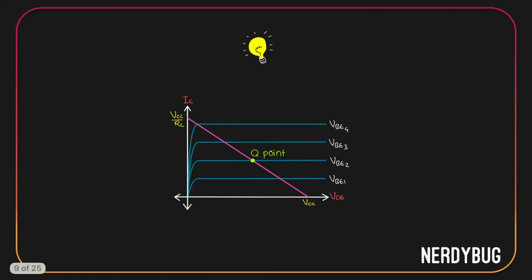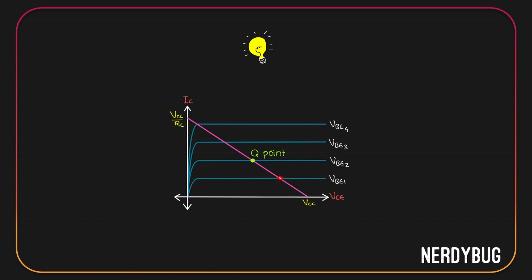Let's do something. Assume that I chose VBE2. That gave me this much of collector current. But for this much of collector current, I need to have this much of VCE, which means my Q point is over here. Now, what would happen if instead of VBE2, I chose VBE1? Then I would get this much collector current, which means I would need this much VCE.